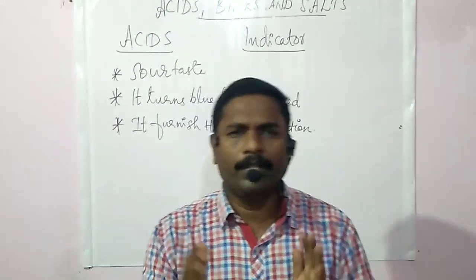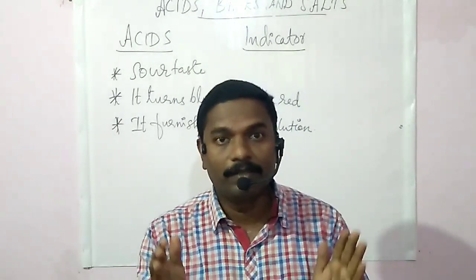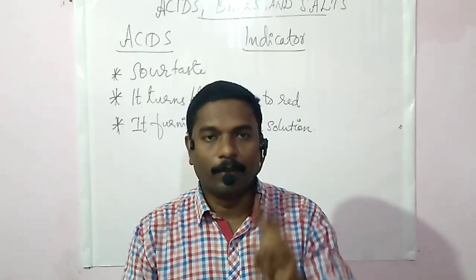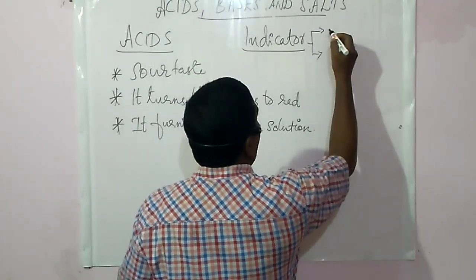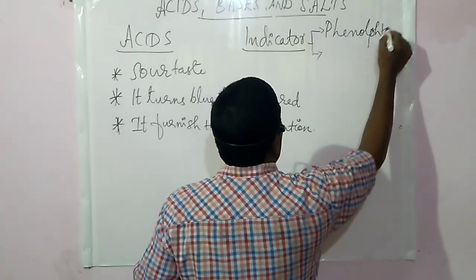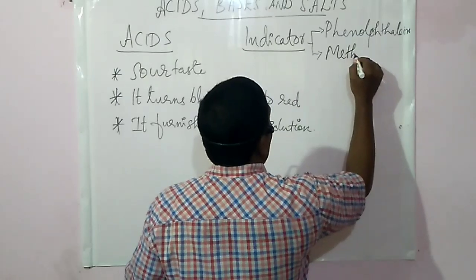But in the laboratory, we use synthetic indicators. The synthetic indicators we use are phenolphthalein and methyl orange.